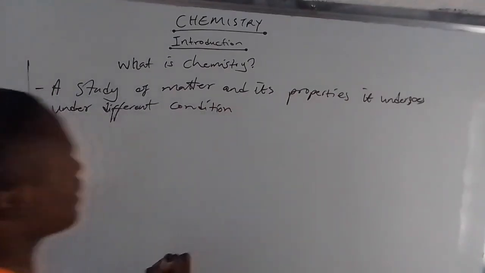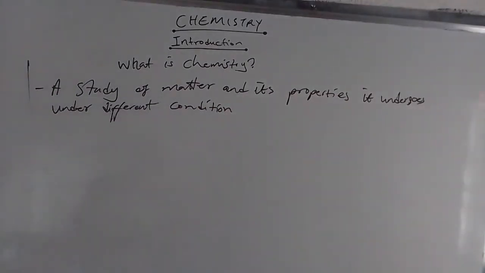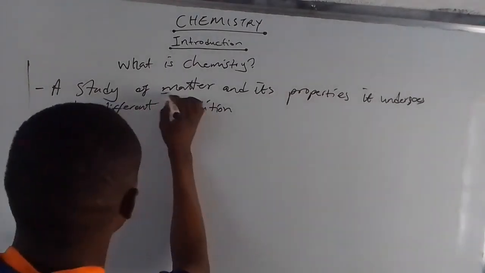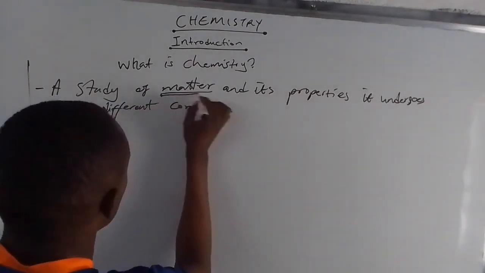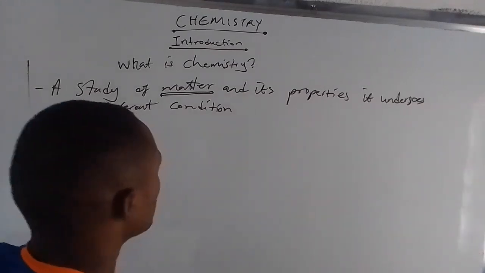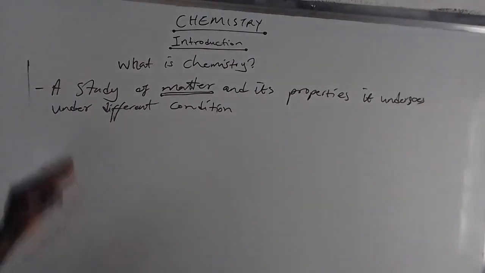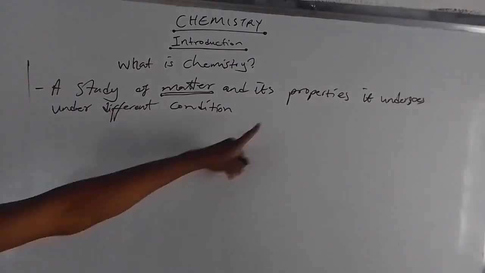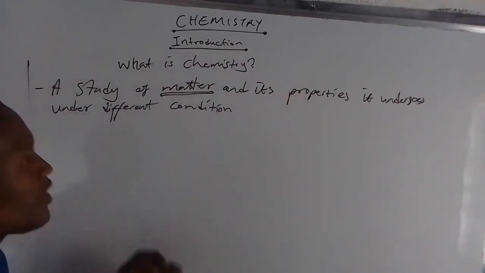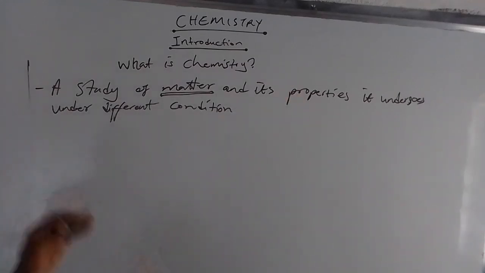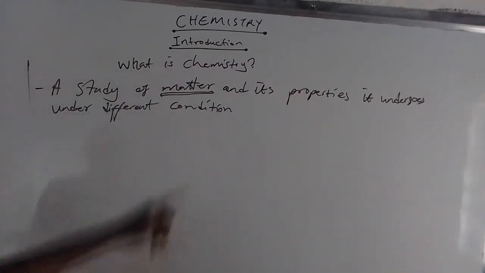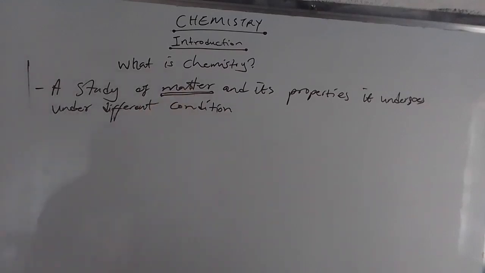So, from the definition of chemistry, we can see that we have a key word which is matter. When we know what matter is, when we know the properties of matter, and we know the changes it undergoes under different conditions, then we know what chemistry is.